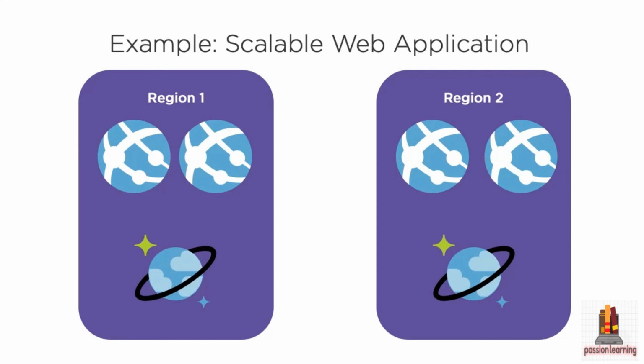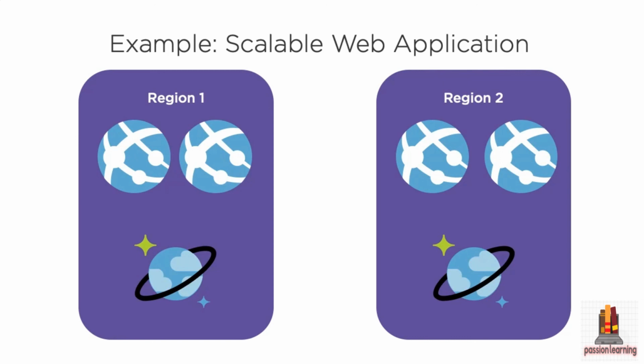That Cosmos DB database has the ability to do geo-replication behind the scenes to ensure consistent data in a very fast and transparent model, so that that data can be migrated or transferred or synced between multiple regions. So in region 2, maybe that's Europe or Australia or India, you've got another instance of your web applications and that Cosmos DB database in that geo-redundant setup.